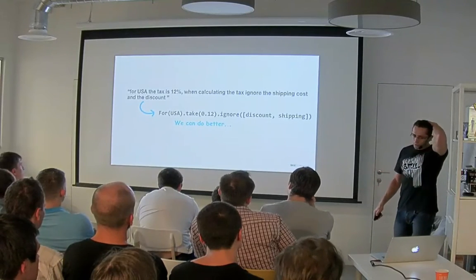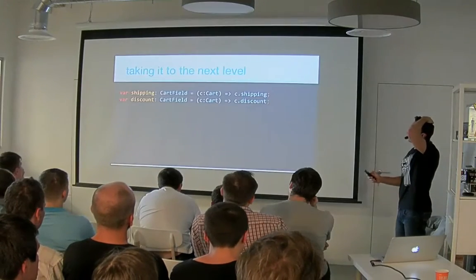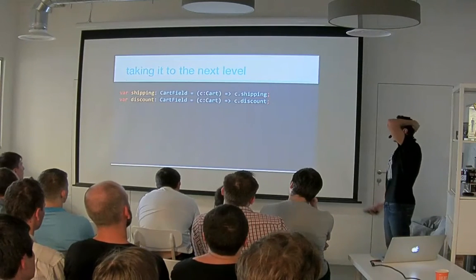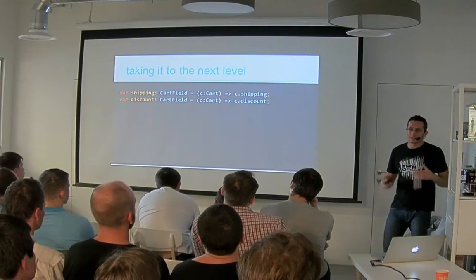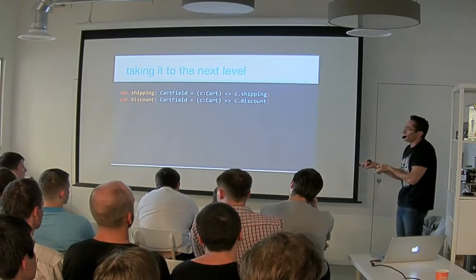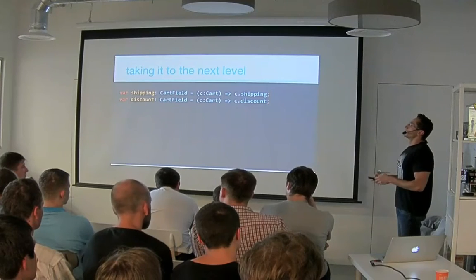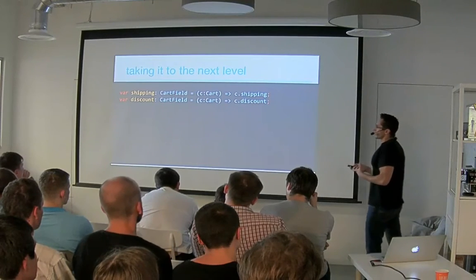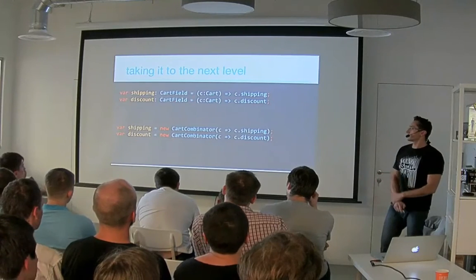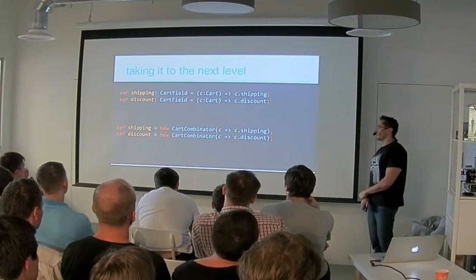So to do a bit better than that, let's take it up to the next level. Up until now, shipping and discount were just simple functions from a cart to a specific field inside the cart. We would like to describe a relationship between the cart fields. For that, we're going to add a new class called cart combinator.